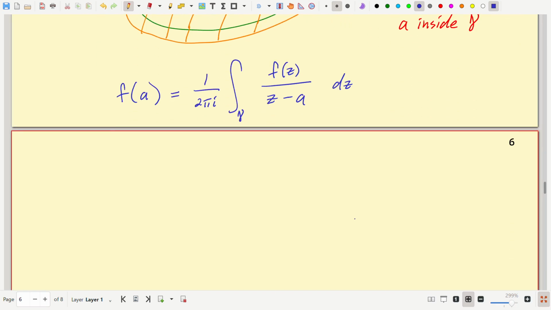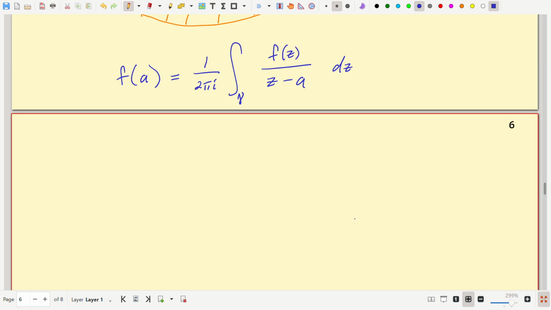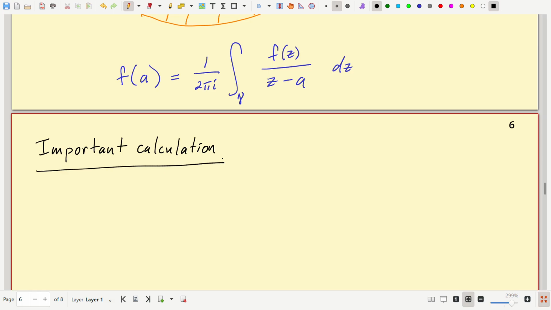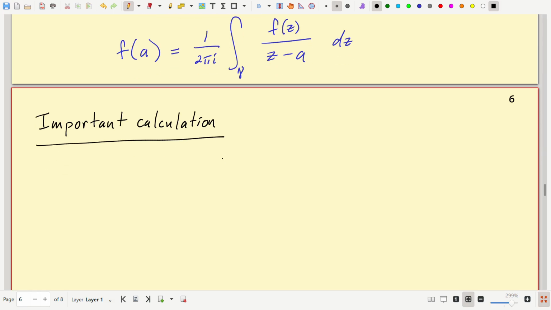Before we do it for this general case, I need to do an important calculation on a disk to get ready for next time. Let's take a disk, a circle, of radius, let me take the center here, a.